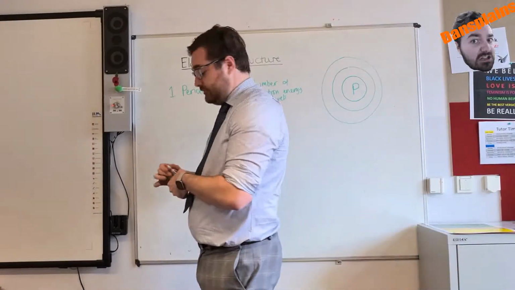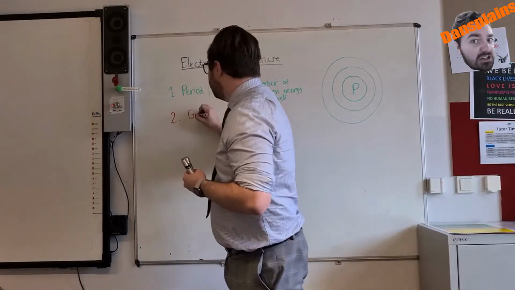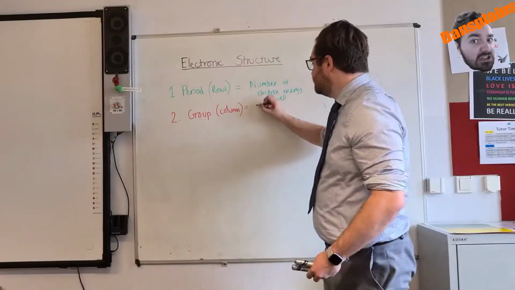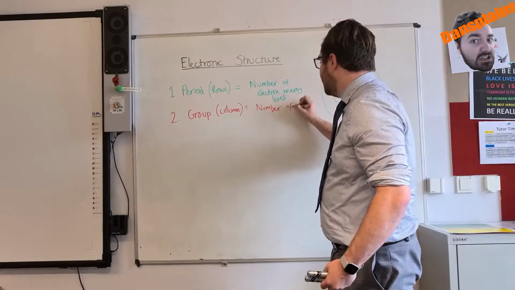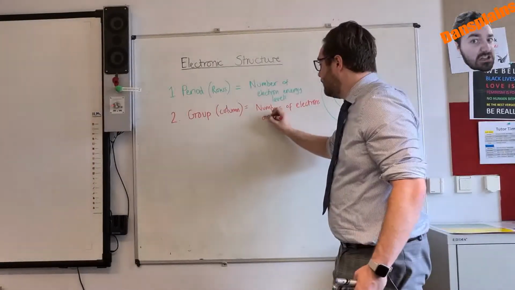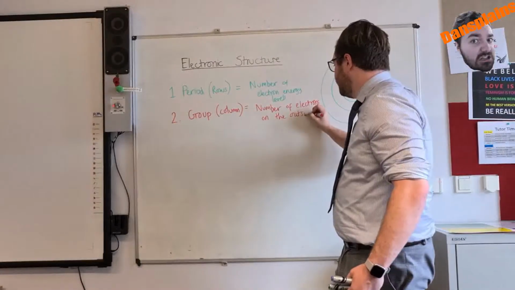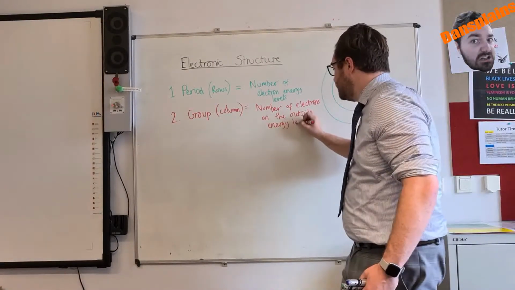Our second rule. The group number, or the column, equals the number of electrons on the outside energy level.